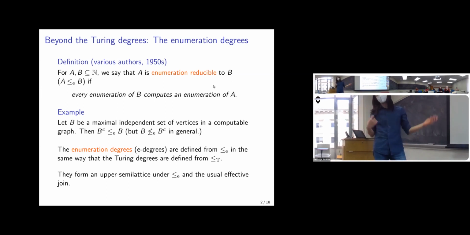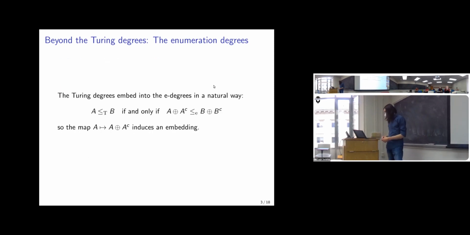As you might expect, they form an upper semi-lattice partially ordered by this E reduction, and the usual join operation is also a join with respect to this reduction.